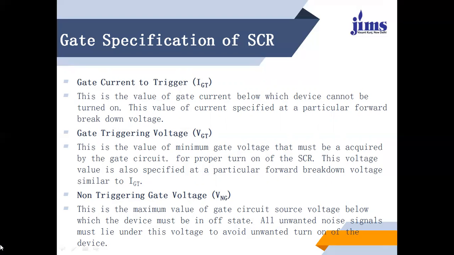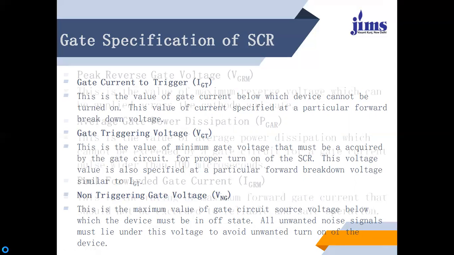This voltage value is also specified at a particular forward breakdown voltage, similar to IGT. Non-triggering gate voltage. This is the maximum value of gate circuit source voltage below which the device must remain in the off state. All unwanted noise signals must die under this voltage to avoid unwanted turn on of the device.